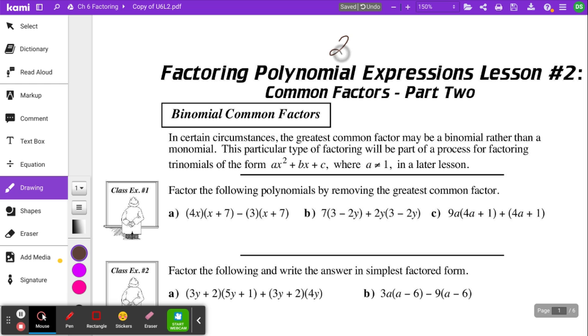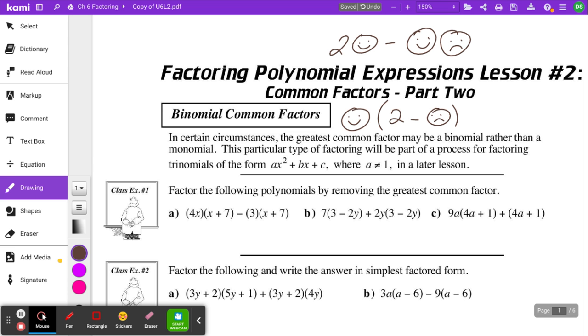Okay, what if I had 2 smiley faces subtract smiley face, grumpy face. What's in common? Smiley face. We don't really care what the smiley face is. It's just common to both, right? So you would factor out the smiley face, and what you would have left would be 2 minus grumpy face.